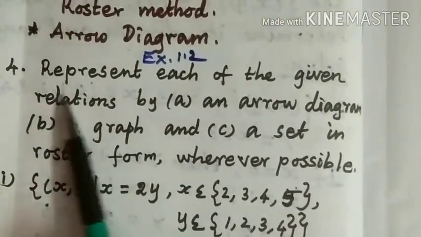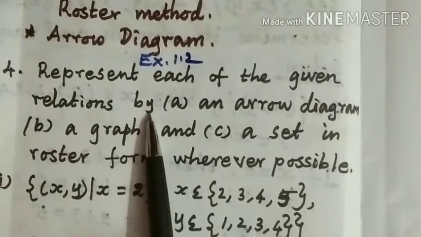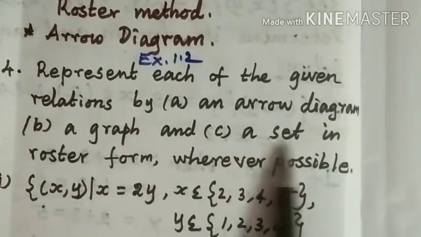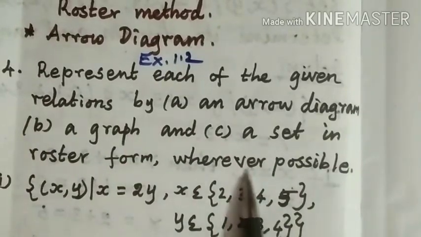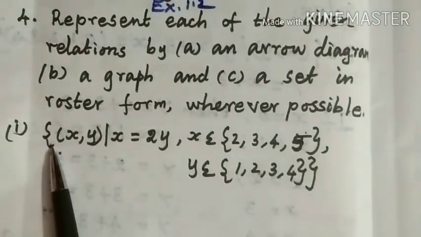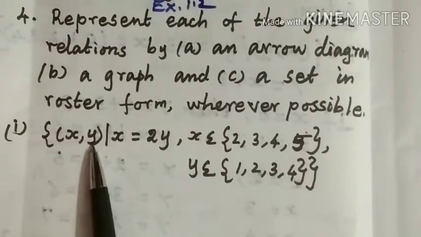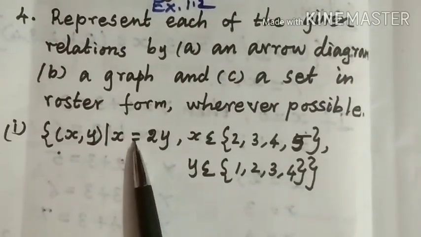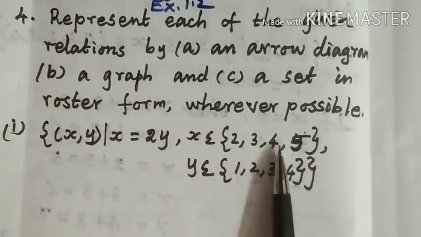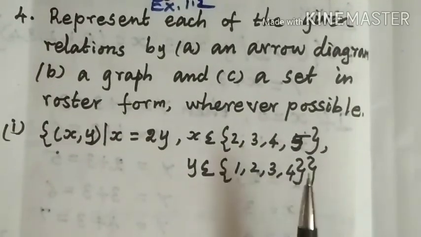Okay, see the question. Represent each of the given relations by an arrow diagram, a graph and a set roster form wherever possible. The set of all ordered pairs (x, y) such that x equals 2y, where x belongs to {2, 3, 4, 5} and y belongs to {1, 2, 3, 4}.